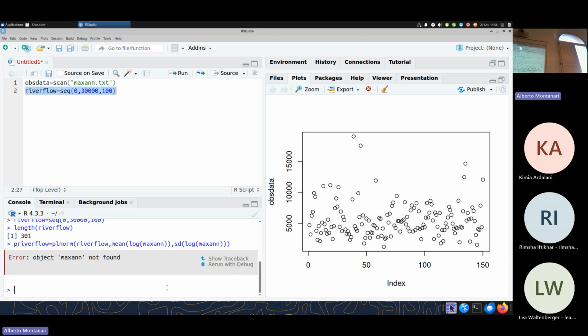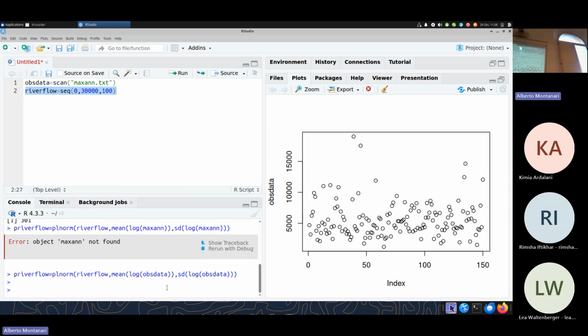Let's see. Error. Yeah, sorry. It's not Maxan, it's ops data. Okay.